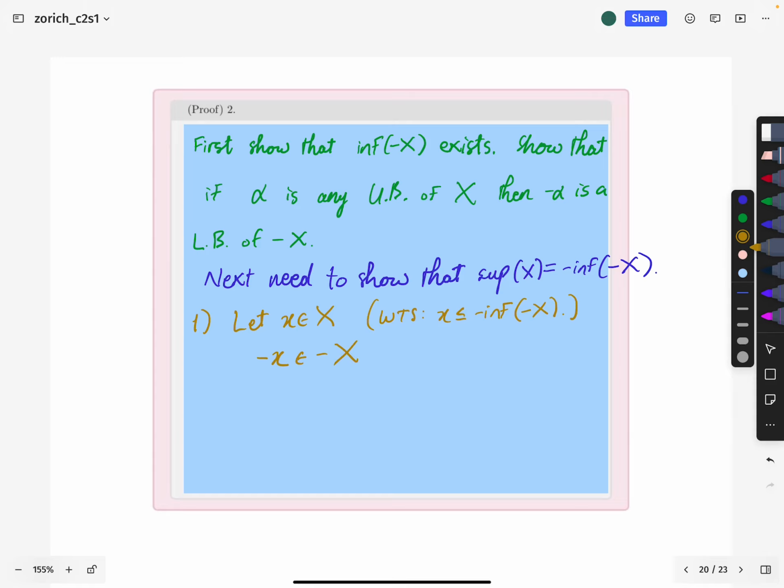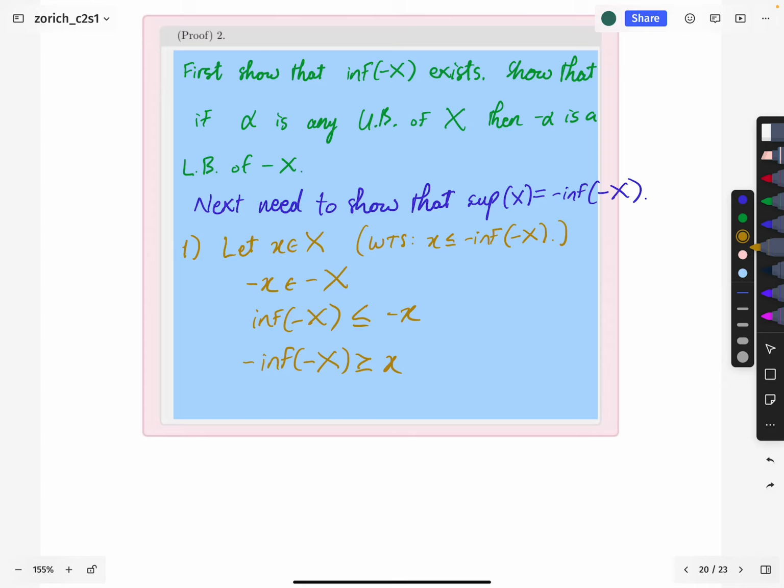Then we know that the infimum of negative big X is a lower bound, so we must have that inf of negative big X, which we know to exist, is less than or equal to negative little x. Multiplying by -1, negative inf of negative X is greater than or equal to x, and we get exactly the thing that we had hoped to get. So that shows that negative inf negative X is an upper bound on the set X.